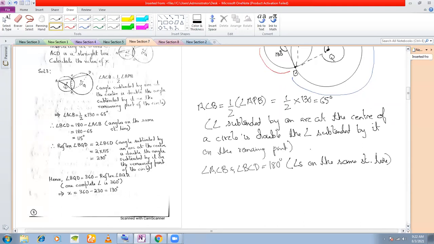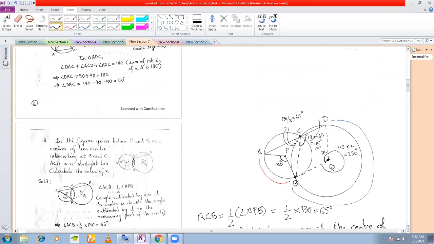Angle ACB, how much have we found above? 65. Plus angle BCD is equal to 180. That means angle BCD is equal to 180 minus 65, which is equal to 115 degree. So we have found out this angle here to be 115.